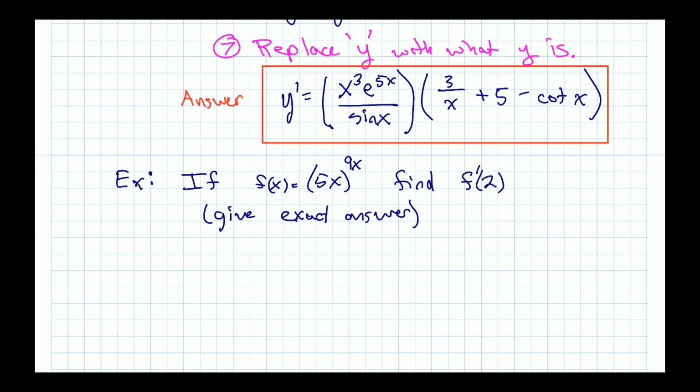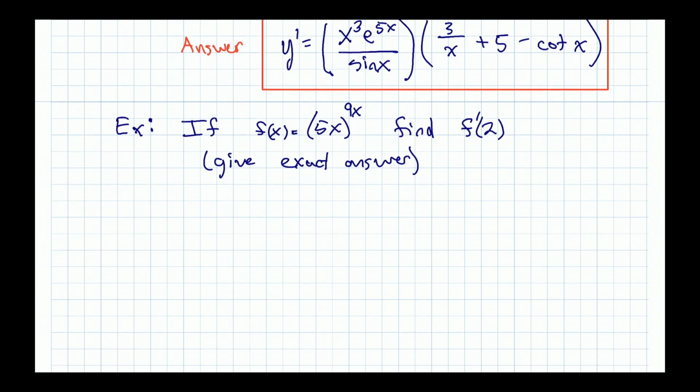All right. Now, this is kind of an interesting example too, by the way. So this is just kind of a note here. You know how to do certain derivatives. You know how to do the derivative of x to the n, right?